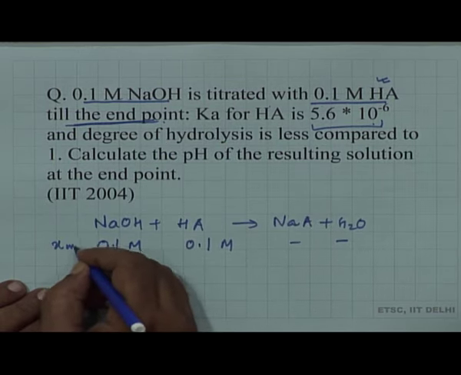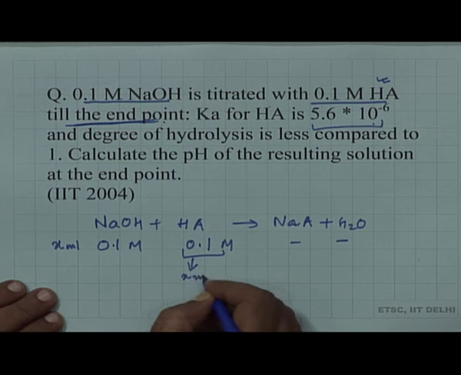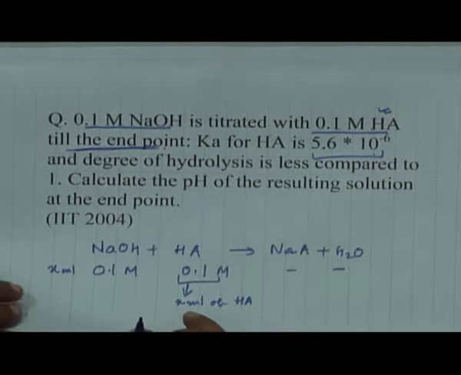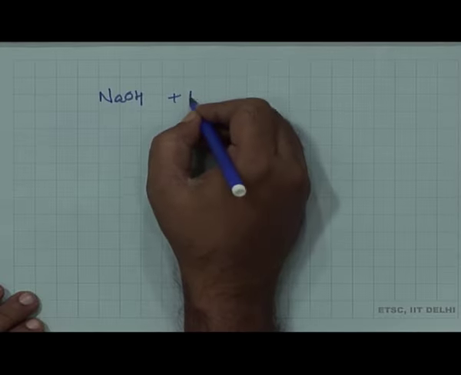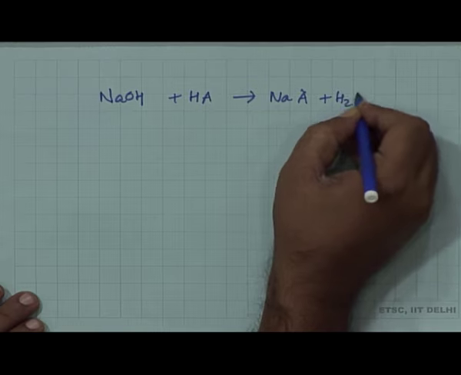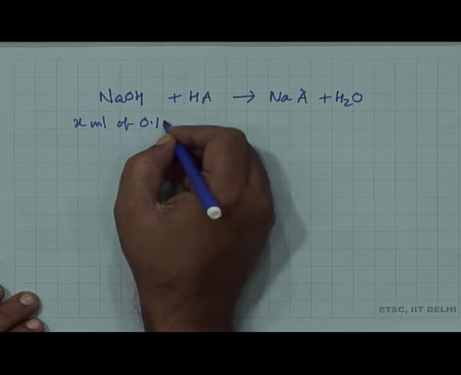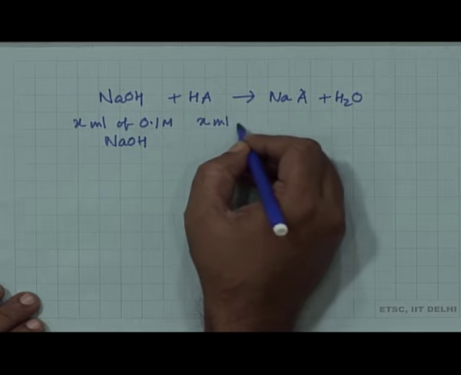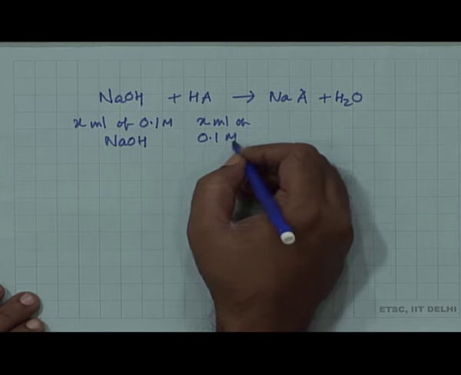If I start with x ml of 0.1 molar NaOH, then we will get the end point when we add x ml of 0.1 molar HA.